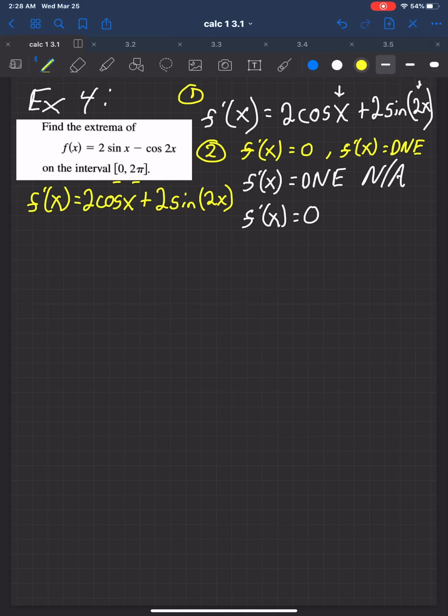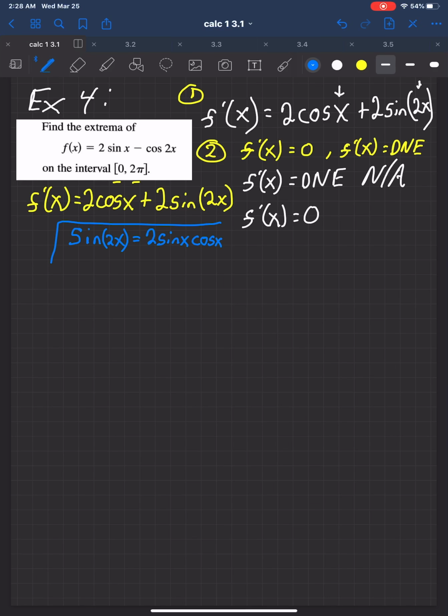All right, so how do we figure out what x values would cause that derivative to equal 0? Well, let me employ a little identity that's going to be useful here. The double angle formula: sine of 2x is defined as 2 sine of x cosine of x.